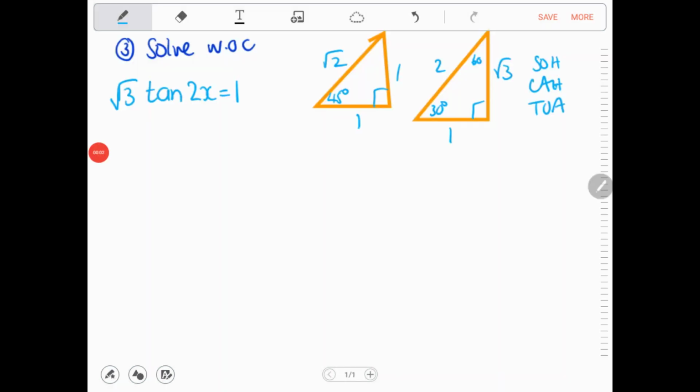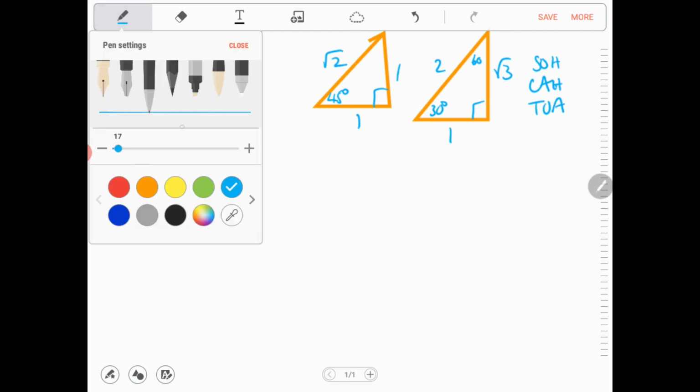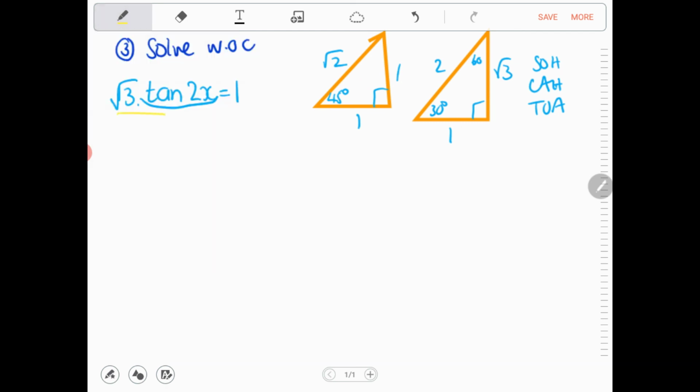Okay, so I thought we must try one more example quickly. If I was asked to solve root 3 tan 2x is equal to 1 without a calculator, we're going to first start solving by isolating the trig function. Each side is one term, so I start by doing inverse operations. This is times by root 3, so I'm going to be dividing by root 3.